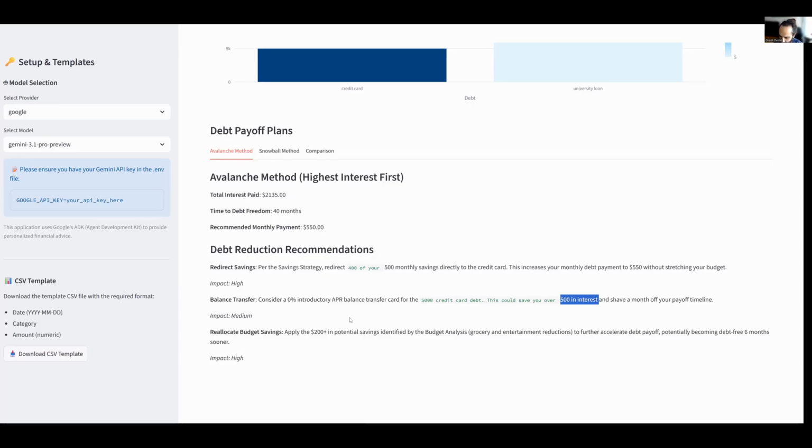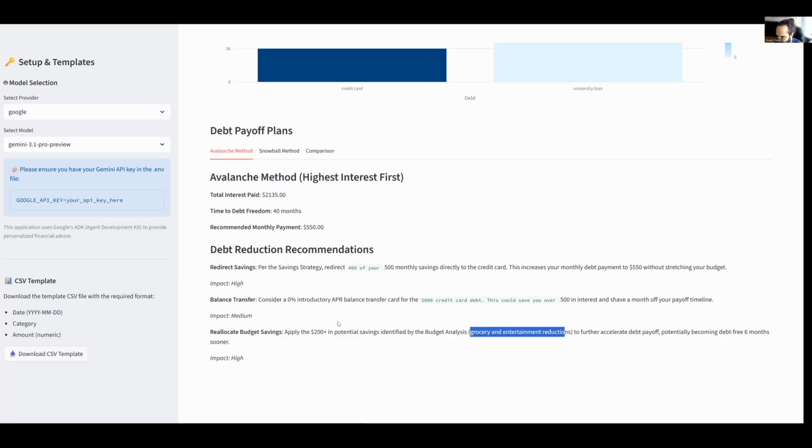And here, if we take a look at the last recommendation, it's to reallocate budget savings, to apply the 200 plus in potential savings identified by the budget analysis. And here it's precising, it's talking about the grocery and entertainment reductions.